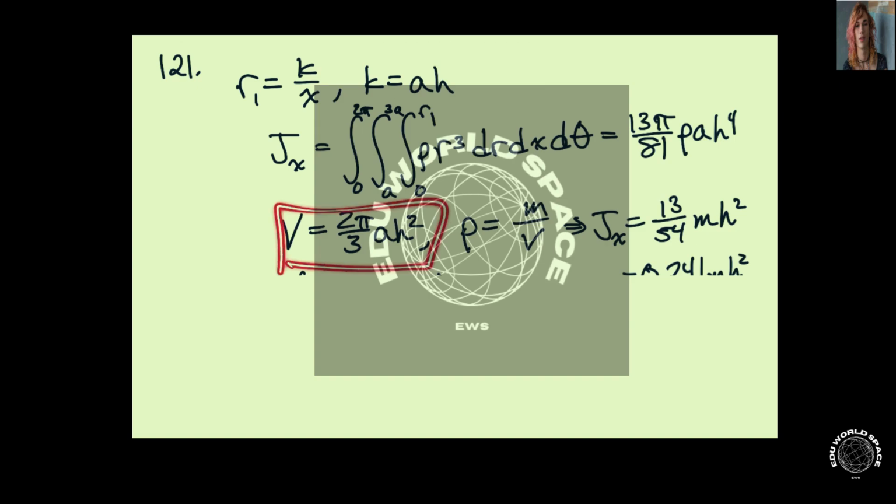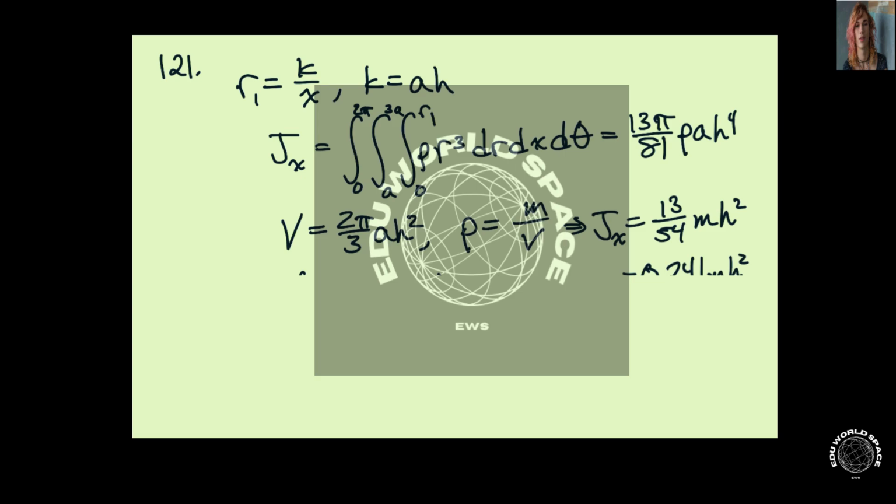And that gives us 2 pi over 3 a h squared. Because it's a uniform solid, the density is the mass divided by the volume. And so that gives us J, the mass moment about the x-axis, of 13 over 54 m h squared.